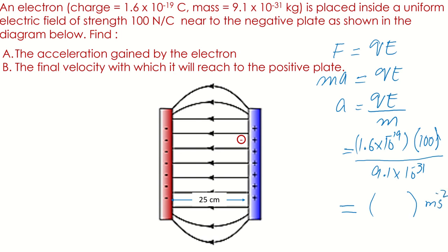Now the second part asks for the final velocity with which it will reach the positive plate. We assume that it starts its motion from rest and moves from the negative plate to the positive plate.